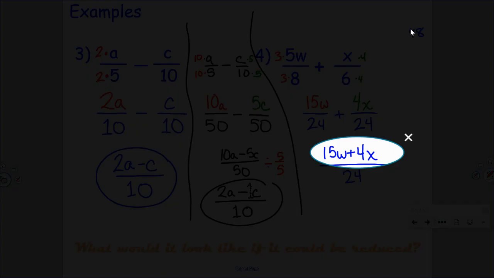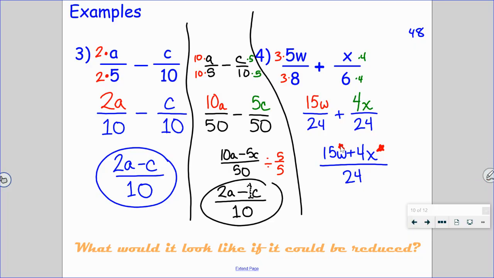Are those like terms? No, sir, no, ma'am. Those are not like terms. One has a w variable, while the other is an x variable, so you cannot put those together. Is there anything that divides or reduces? Now, you might have looked at the 4 and the 24, but 4 does not go into 15. That doesn't work.